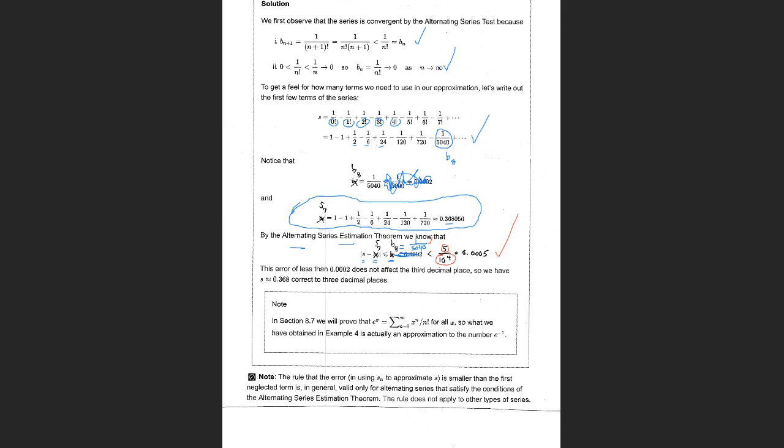So, effectively, the difference between the sum of the series and the partial sum of the first 7 terms of the series is less than 5/10,000ths. Hence, the partial sum of the first 7 terms of the series approximates the sum of the series correct to 3 decimal places. Okay? Does that make sense?